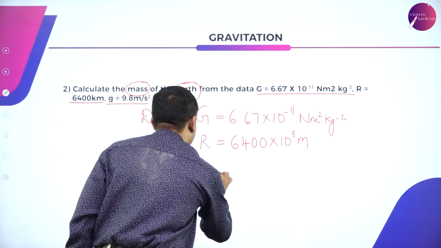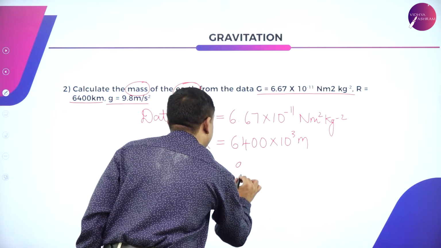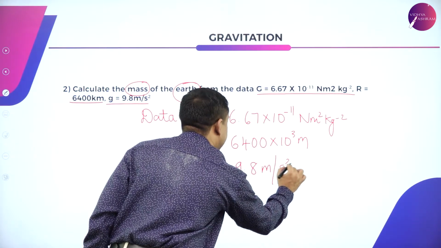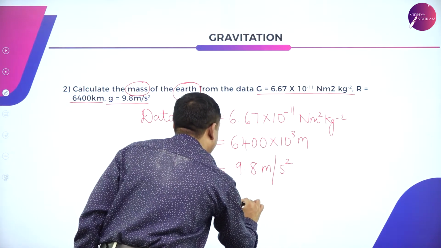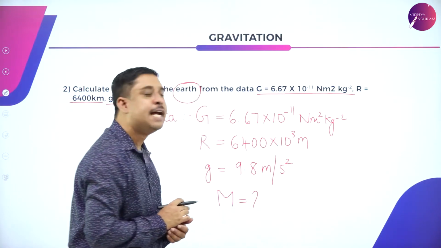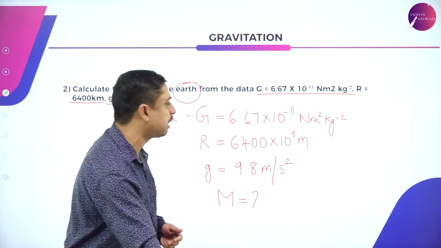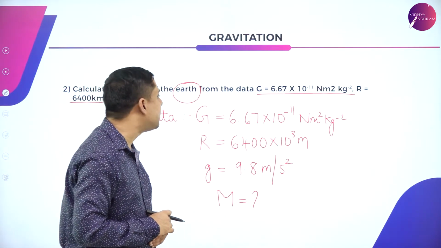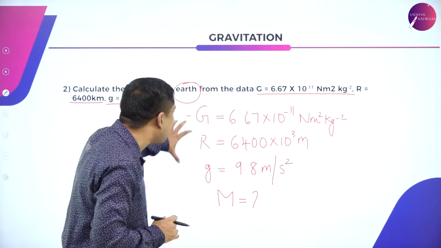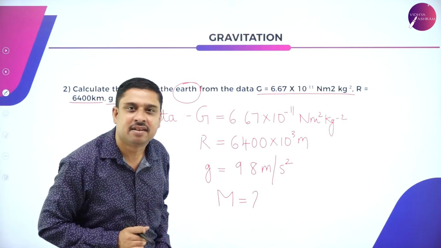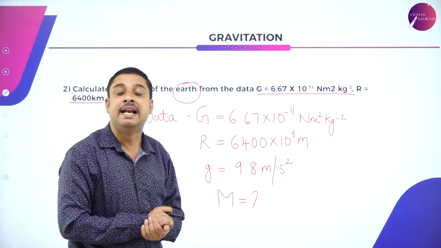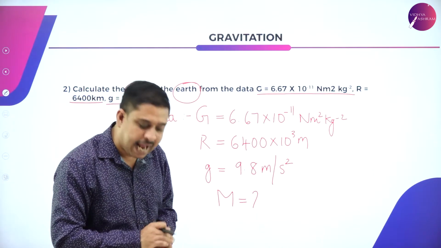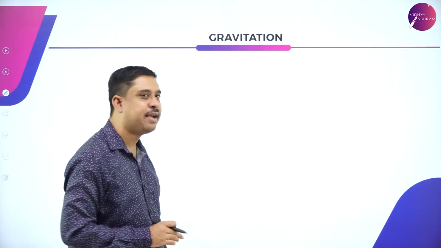Then value of small g, 9.8 meter per second square. With this, I have to calculate the mass of the earth. So again, do I know any expression which can relate all these parameters? Good. Relationship between small g and capital G.